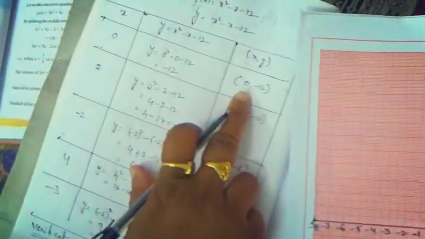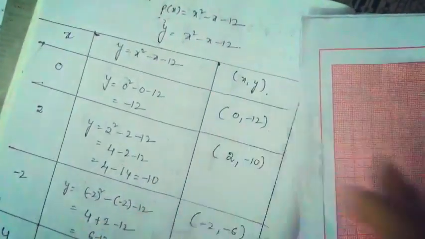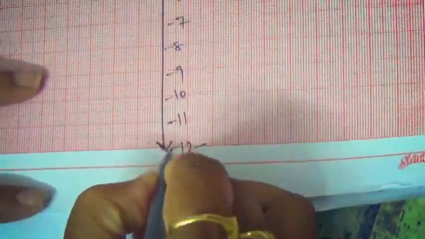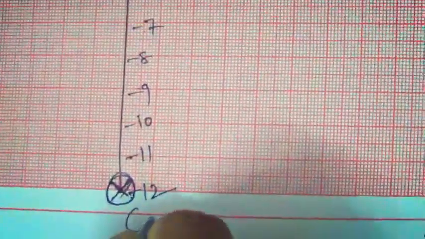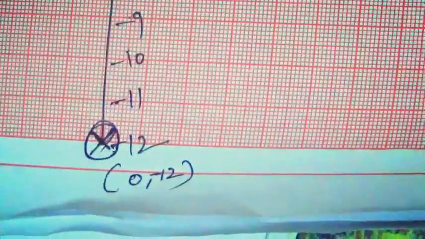Okay, so here the first coordinate is 0, minus 12. On the x-axis 0, and minus 12 is on the y-axis. Here it is the point 0, minus 12. What is the second point? 2 comma minus 10.